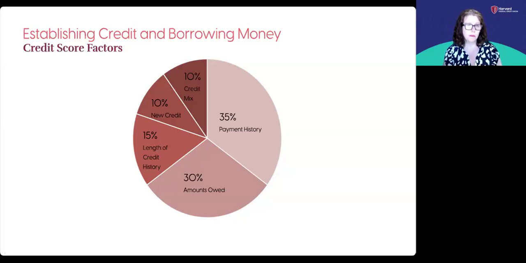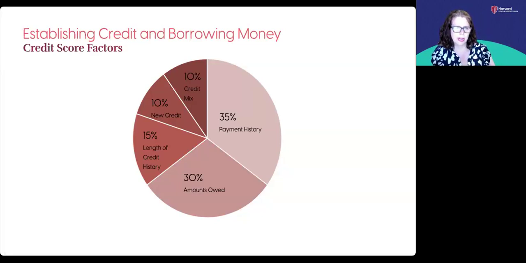The next is the amount owed. So they're going to look at, well, how much does this person owe compared with how much credit they have extended to them. So they want to see that you're not using, like if you have a $1,000 credit card, that you're not running a balance and keeping $999, which would be the maximum you could be charged.